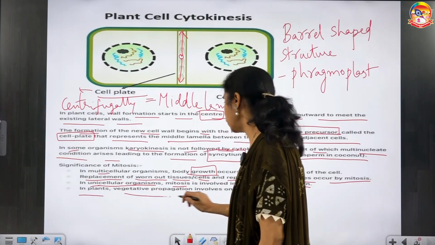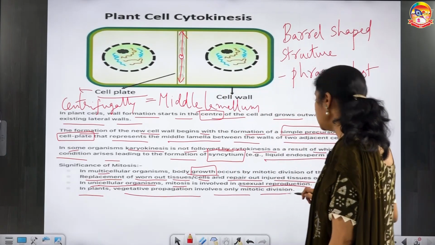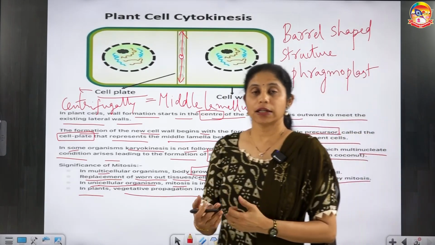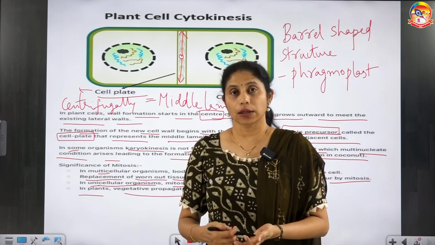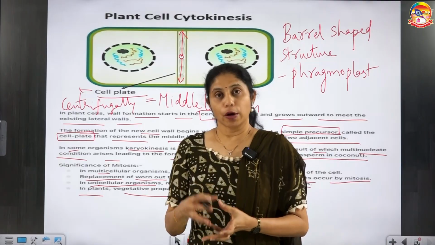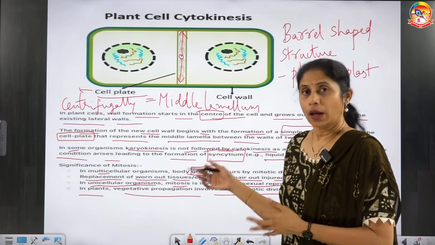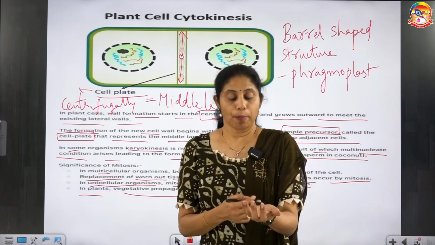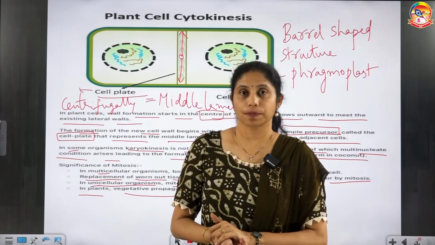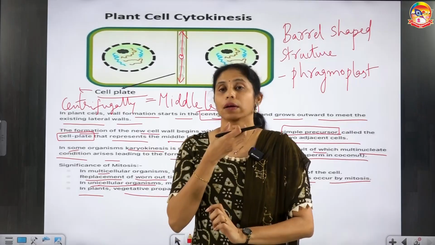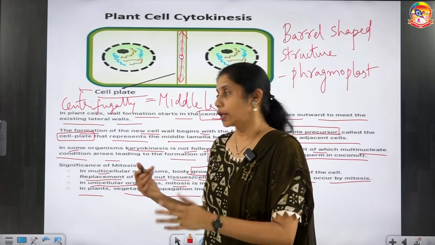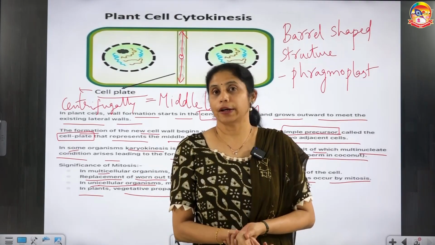In plants, vegetative propagation involves only mitotic division, like stolons and suckers; these are all because of mitosis. Not only this, the upper layers of cells of the epidermis increase in number because of mitosis. Our gut lining cells also increase in number because of mitosis.